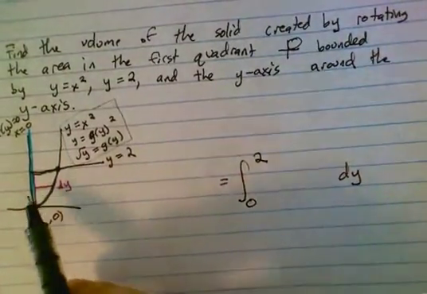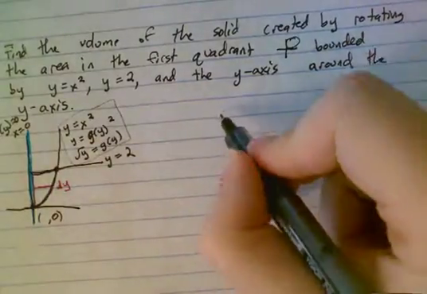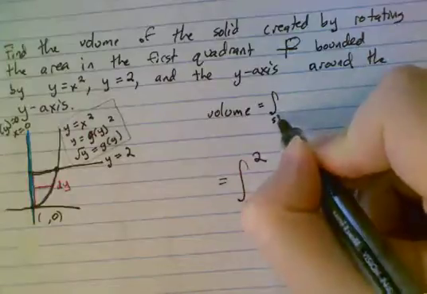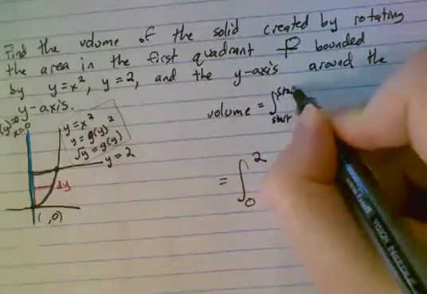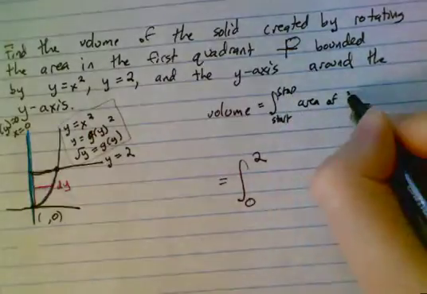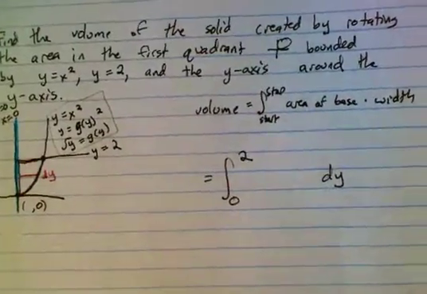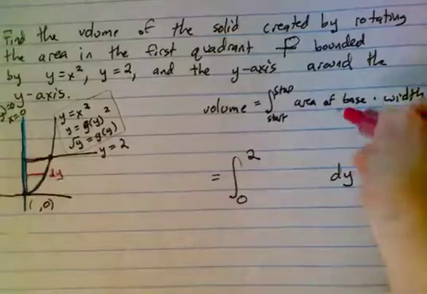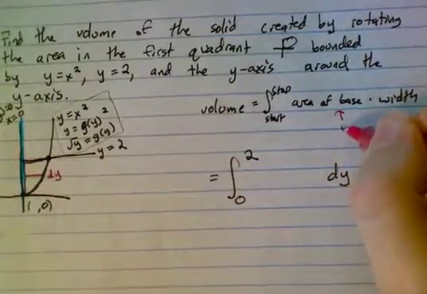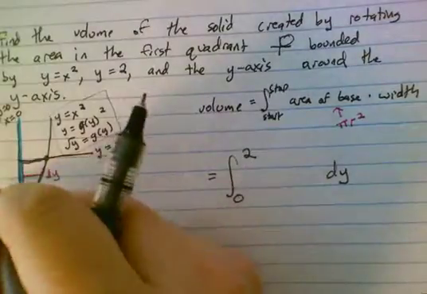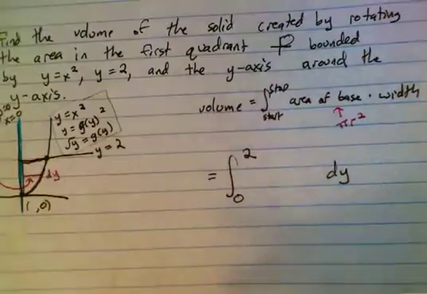Okay. So far so good. I'm remembering that volume is area of base times width. I've already done my start and my stop, so I've got 3 of those taken care of already. Area of base is going to be pi r squared. So let's see this part right here.